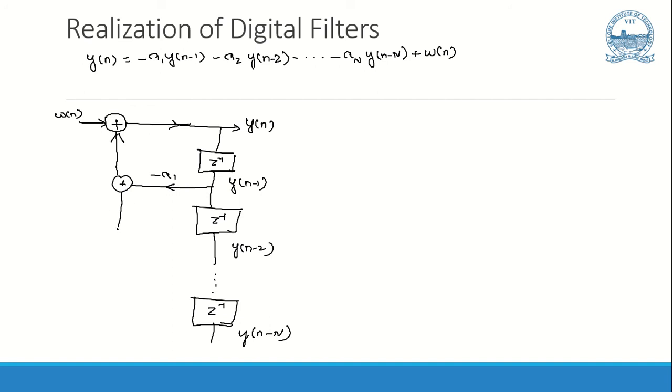Here I'll have an adder, y of n minus 2, so minus a2 y of n minus 2, and so on, minus an y of n minus n. So at every point, it will get added up. We'll realize an all-pole filter.